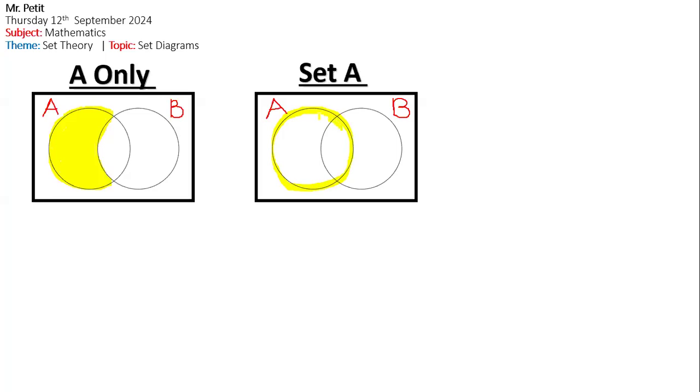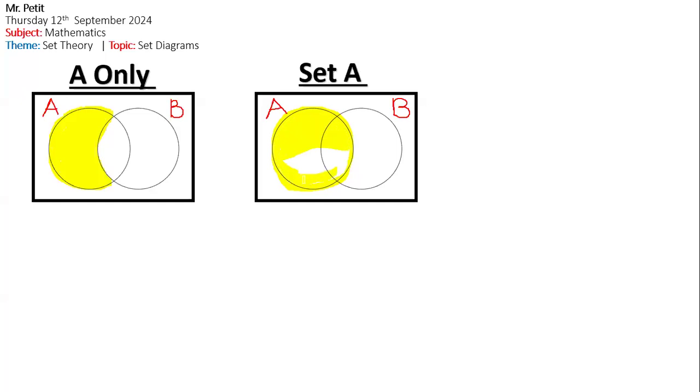When we say set A, we mean all of A, including the intersection. But when we say A only, we mean what? Just A. Only A. Do not include the intersection, and don't include B, the thing in the middle.